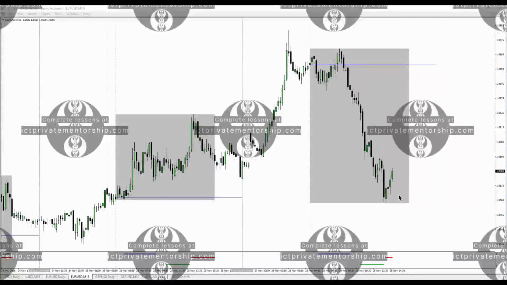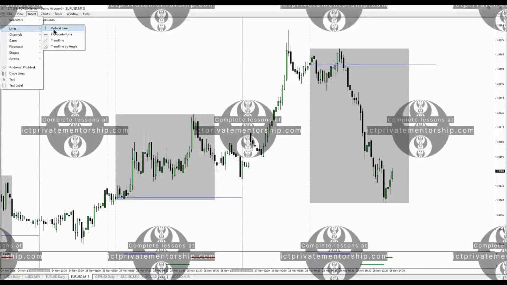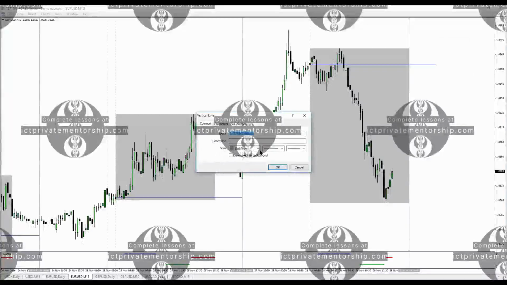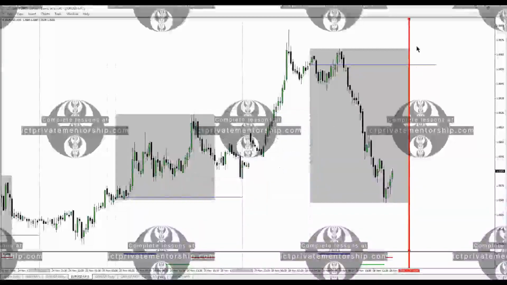What I am stating is once we get closer to this wall, think about this whole vertical line right here at the end of that gray area that's being shaded. Look at that as a brick wall for the daily range.